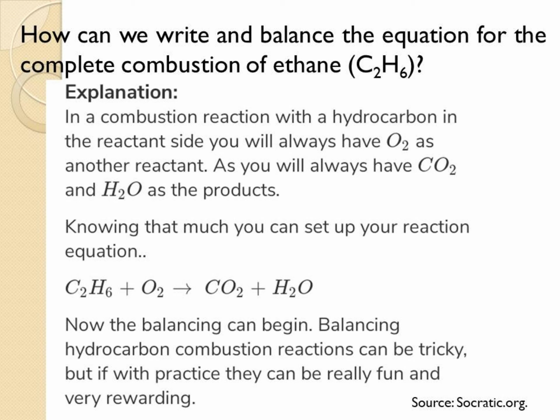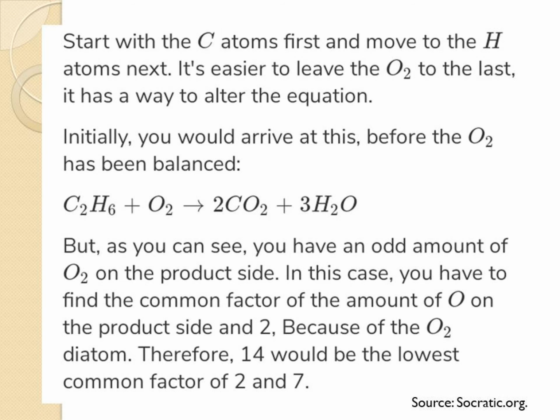I got it from the internet source Socratic.org, explaining how we balance the chemical reaction of ethane, the combustion reaction. It's a little bit tricky, but we can see here that we will initially arrive at this balancing equation: C2H6 plus oxygen gas yields 2CO2 plus 3H2O.